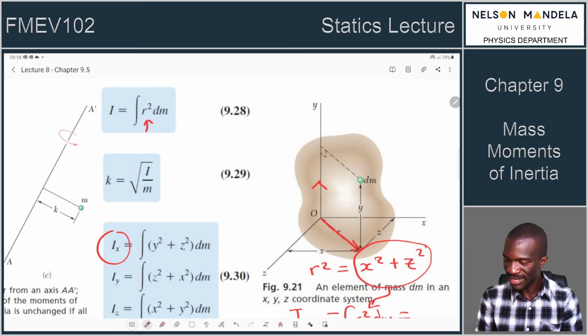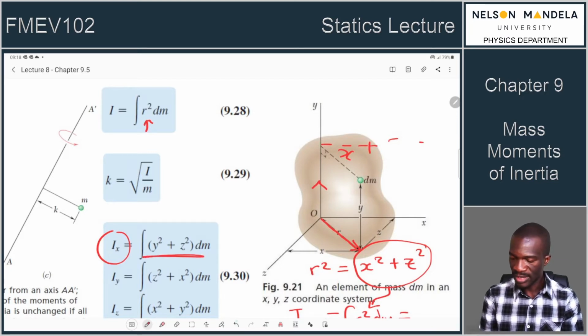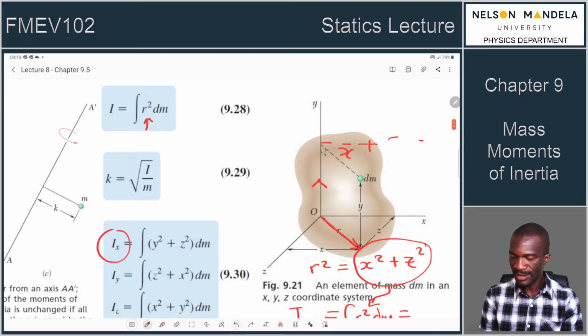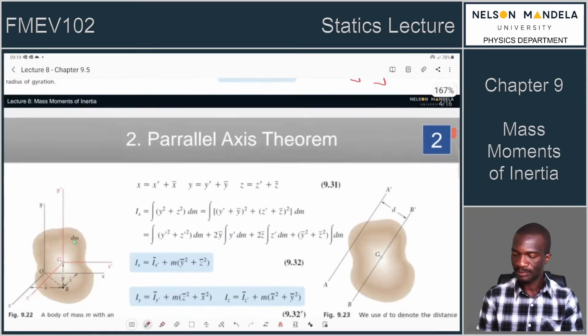It's a bit tough for me to draw it here, but this x distance will be parallel to that, and then we have our y and our z. So for Ix we have y and z in there, and for Iz we've got our x and our y. That defines the mass moment about the x, y, and z axes.